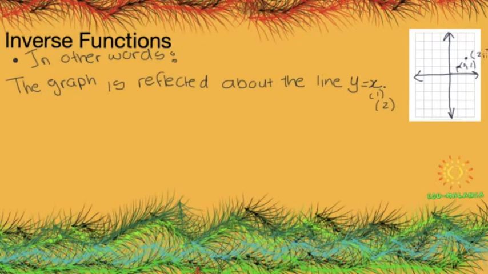And if I substitute in 3, at x is equal to 3, y is equal to 3. So we plot that point, 3, 3. I draw the line y is equal to x. That is the line along which the graph is mirrored.